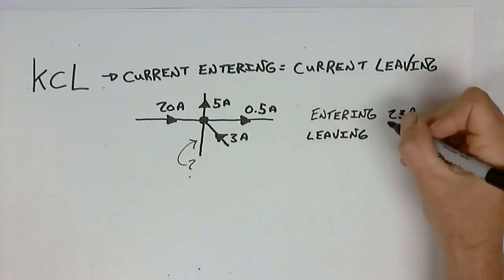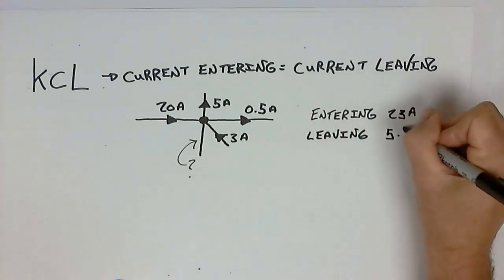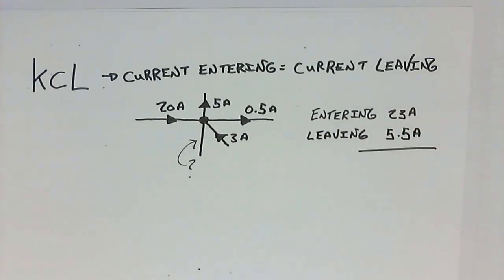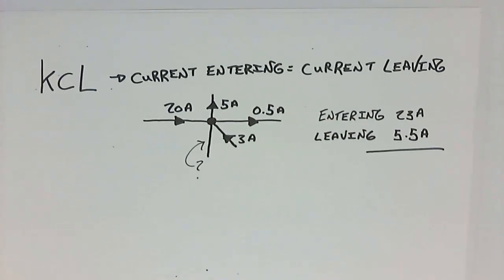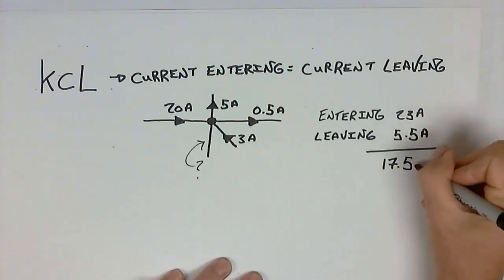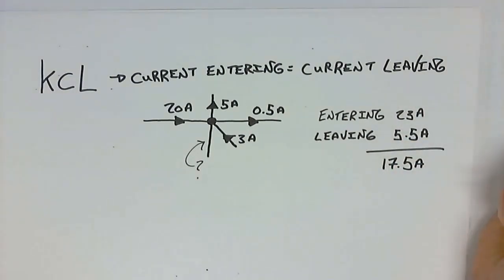So that means I've got 5.5 amps. If I know what the entering is and the leaving, and Kirchhoff's current law says they have to be the same, then if I were to subtract one from the other, we end up with a remainder of 17.5 amps.